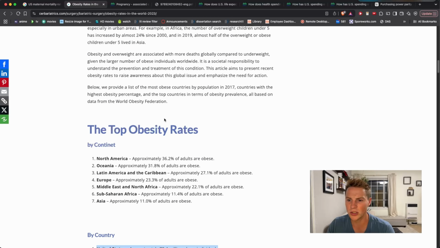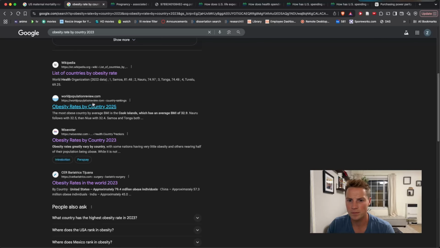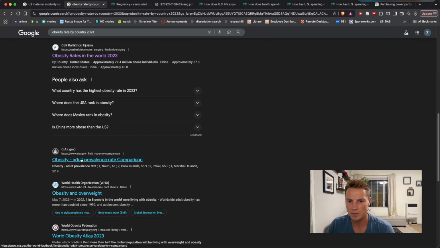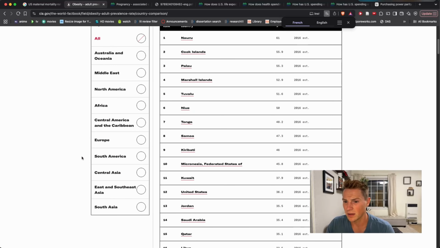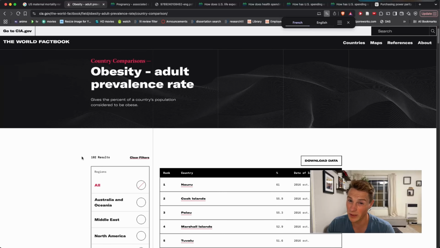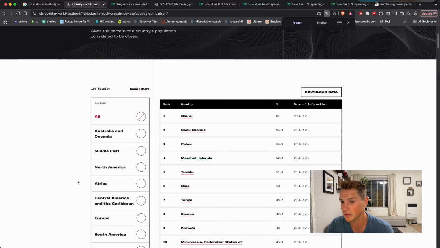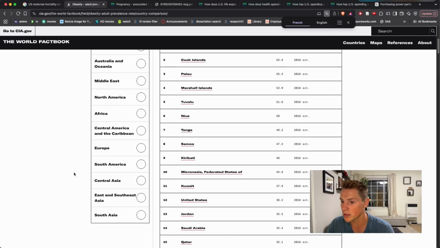By population. CIA.gov. It's a .gov website. Yep. Now, this is a website that I would relatively trust for their information because our taxpayer dollars are going to do this.